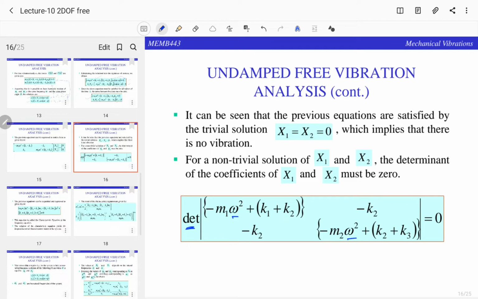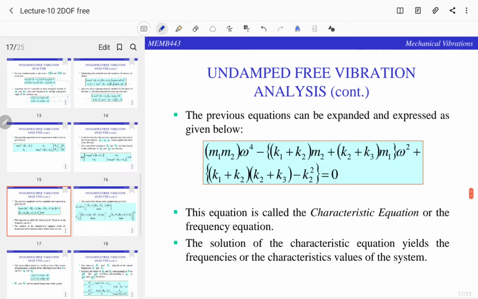Basically, what you want to solve here is your omega, because after you take your determinant, you will get it in this form. Yeah, this is after you put it in terms of determinant. So you collapse it into one equation. So you can see that you have what we call the characteristic equation.